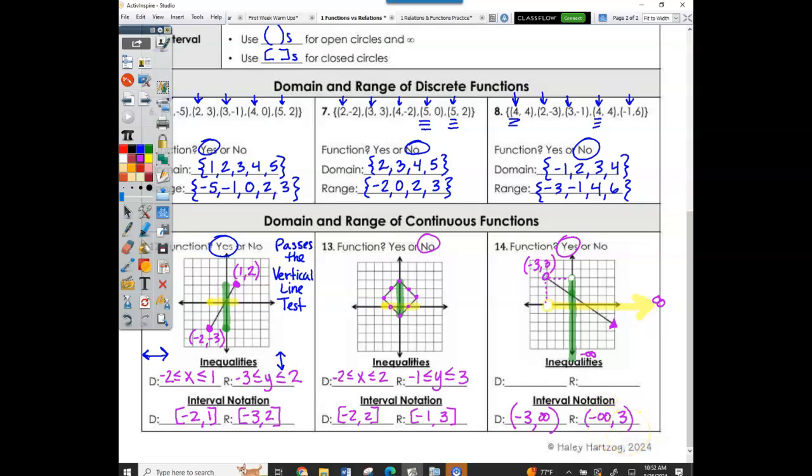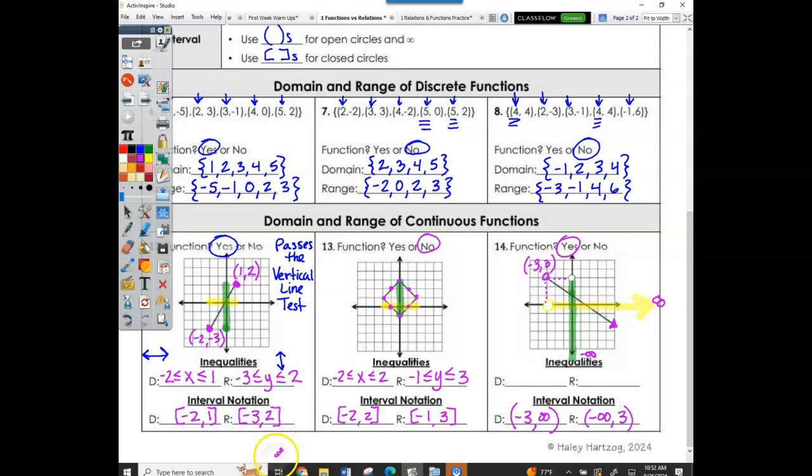Now, we've already practiced writing this in inequality form. This should be the easy part. Now you're going to represent this as an inequality. This is saying that you would put an open circle on negative 3 and shade to the right. Infinity is on the right, you shade to the right.